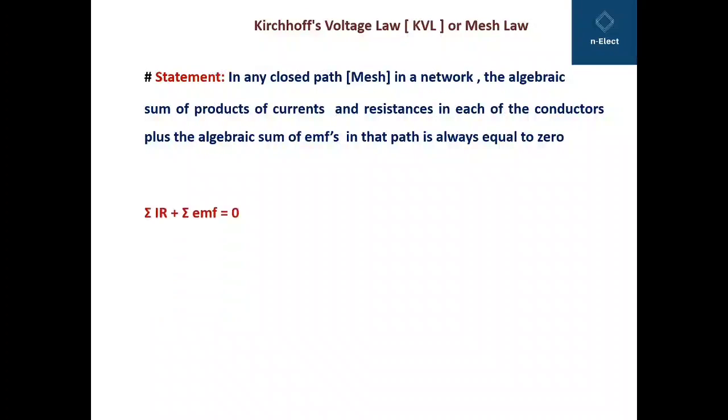This will be clear from the example, but before that, the generalized equation can be written as summation of IR, the product of current and resistances, plus summation of all EMFs equals 0.